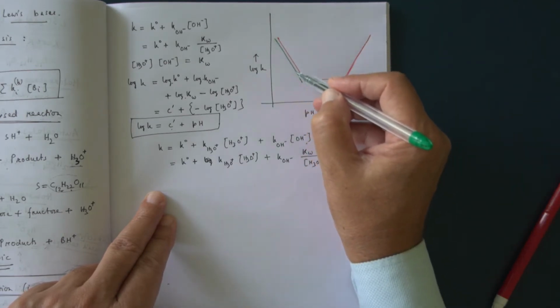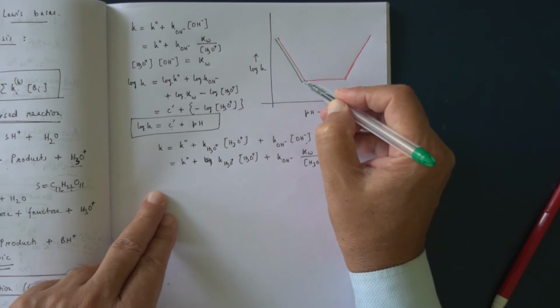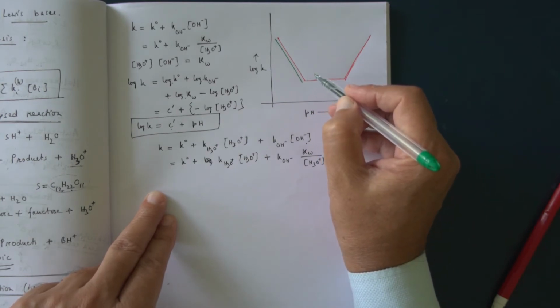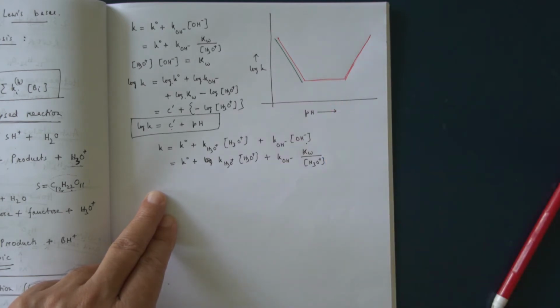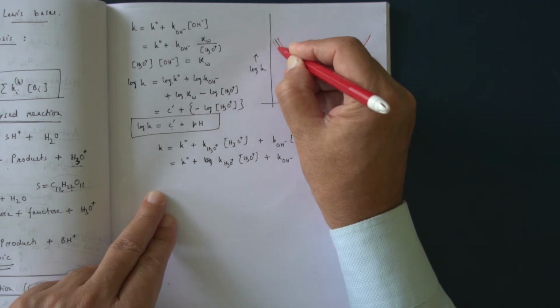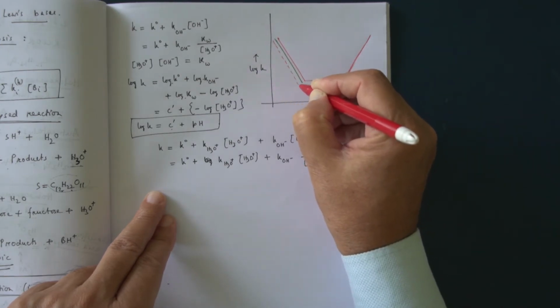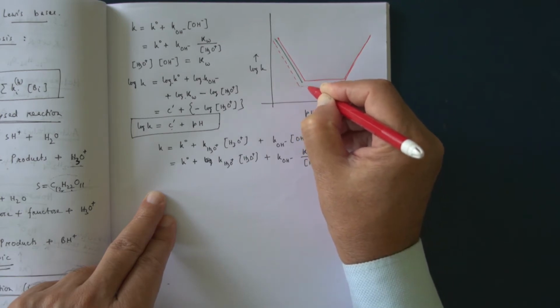Only this portion means the reaction is catalyzed by hydronium ion. But if the uncatalyzed reaction is also present, the graph will be like this.